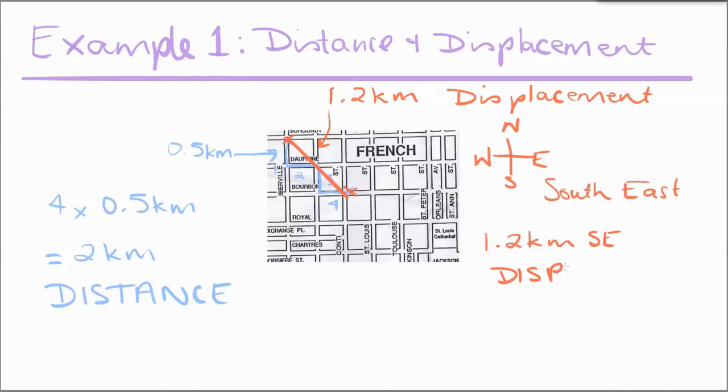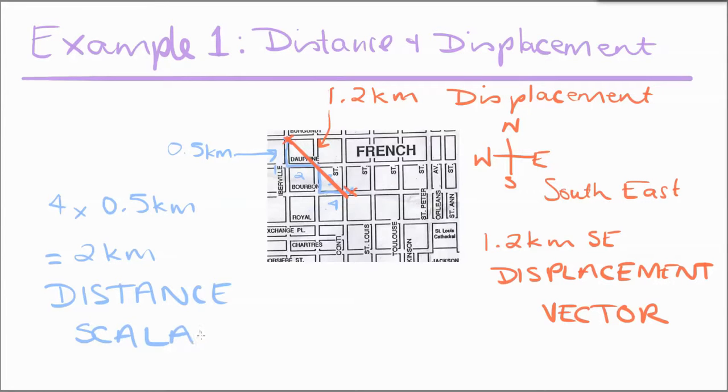That's how far I've moved from my starting point. This is the vector quantity because it has a direction on it. This is the scalar quantity because it just has that magnitude. It doesn't have a direction at all.